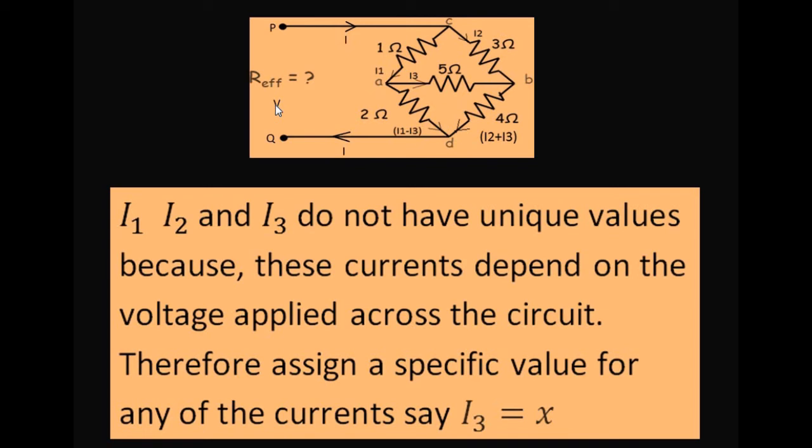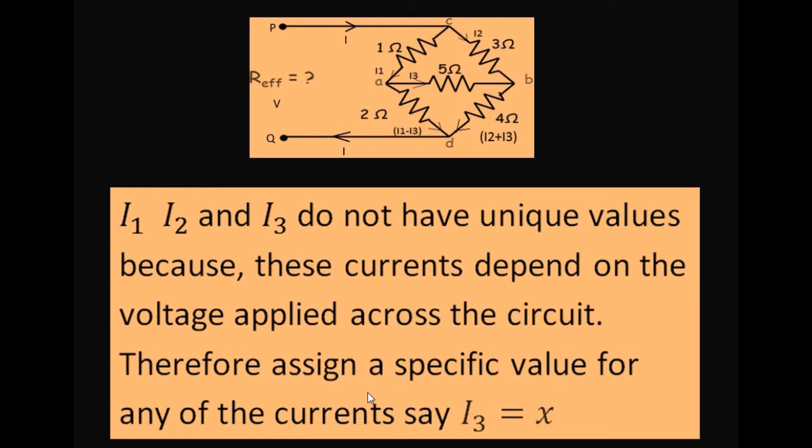If you change this to other values, for example, you can take V is equal to 5, V is equal to 8, V is equal to 12, V is equal to 15, in each of all these cases, you will get different values for I1, I2, and I3. So you cannot have unique values for I1, I2, and I3, because these currents depend on the voltage applied across the circuit.